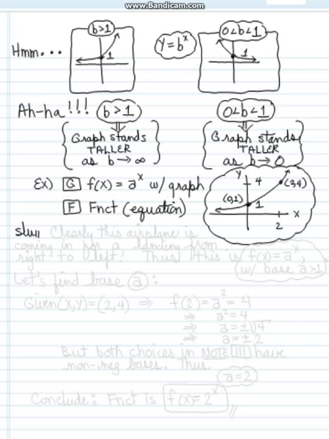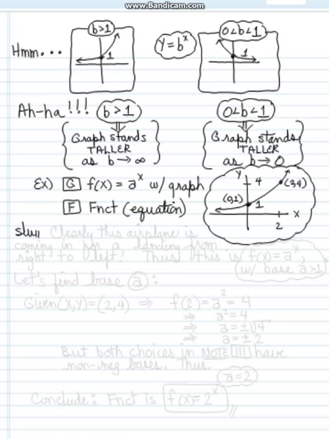Now, I want you to notice a revelation I had here. Aha. When the b value is greater than 1, if you keep graphing this for different values of the base, as they get larger and larger, going towards infinity, each of your graphs is going to be standing taller.